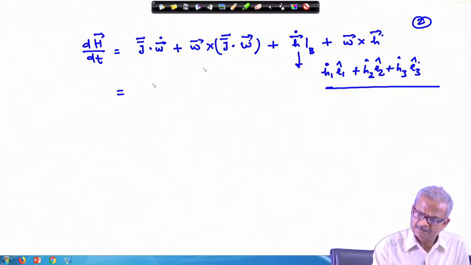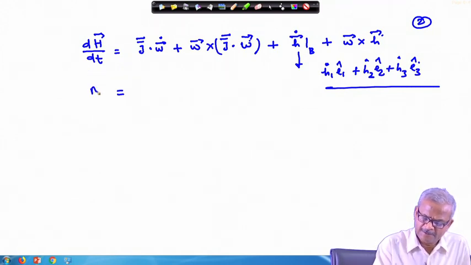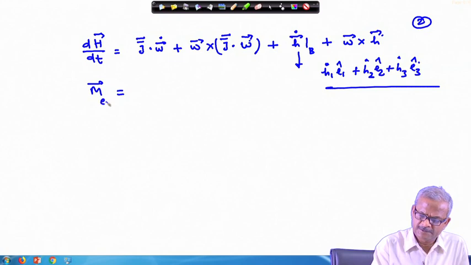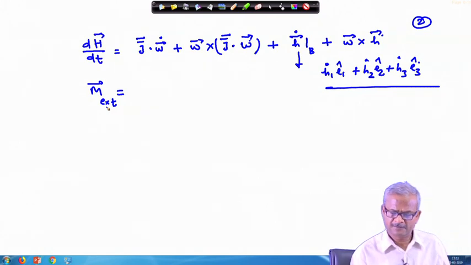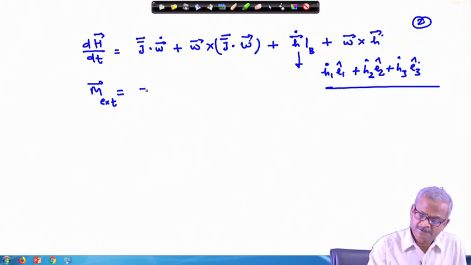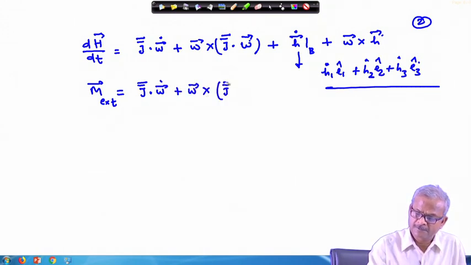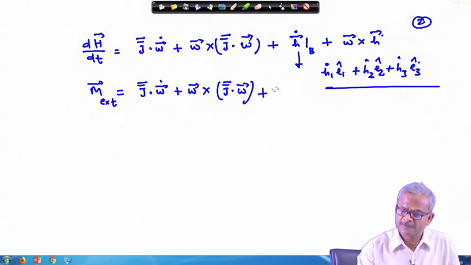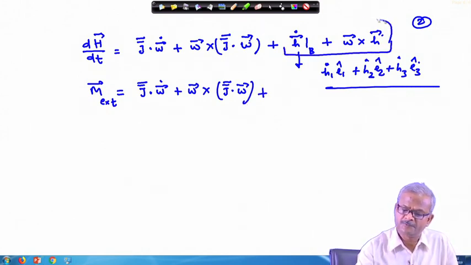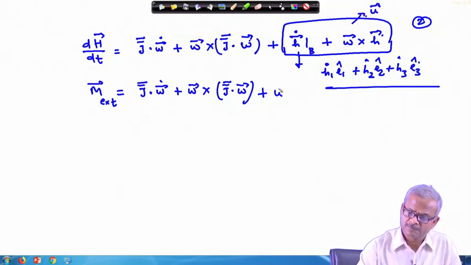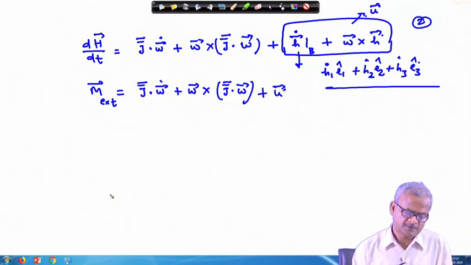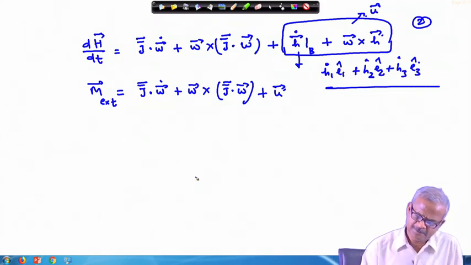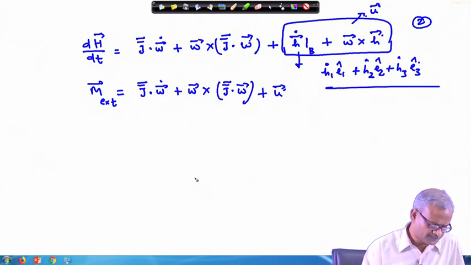So, if we write this side as the torque acting on the system M, suppose we write this as M external. Okay. So, M external, then you will have J times omega dot plus omega cross J omega, and this whole term from here to here, we can write as say u, or minus u, whatever, both will be equally valid.